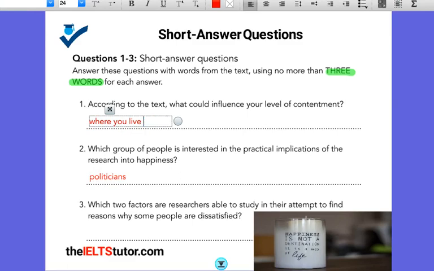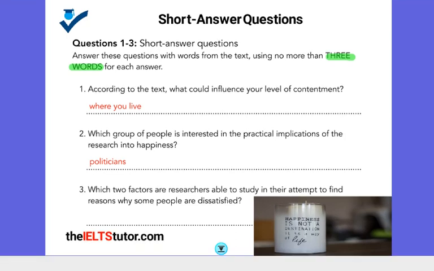Okay, finally, where can you find this information? Which 2 factors are researchers able to study in their attempt to find reasons why some people are dissatisfied? So you're going to have to find 2 factors.